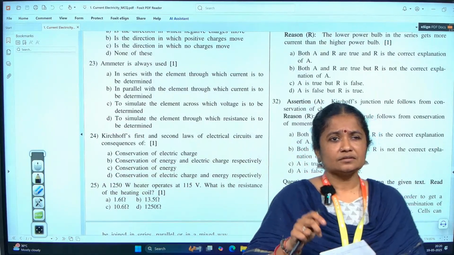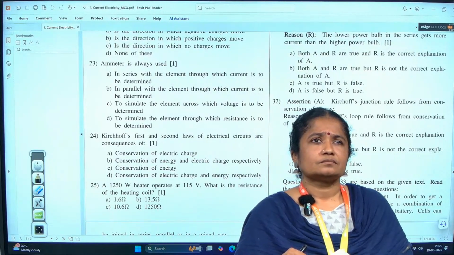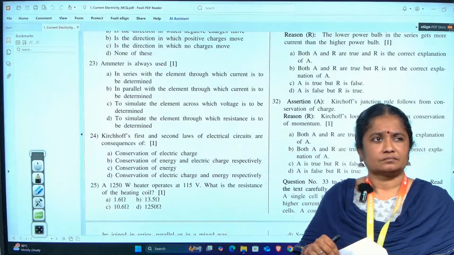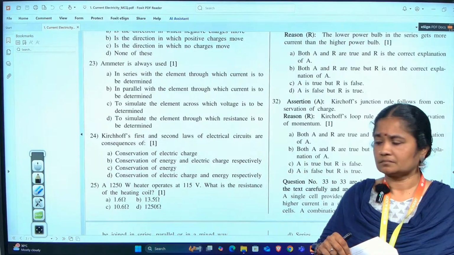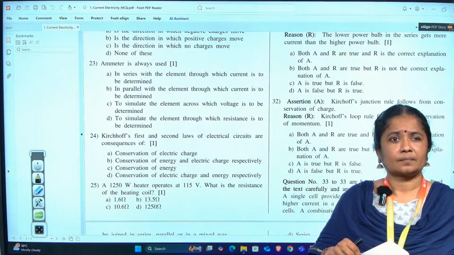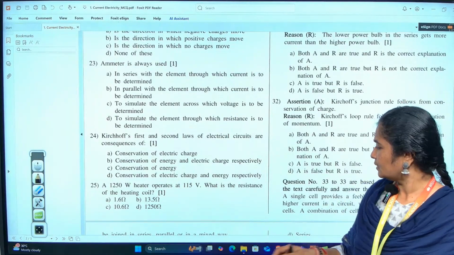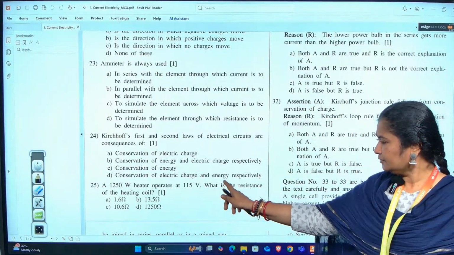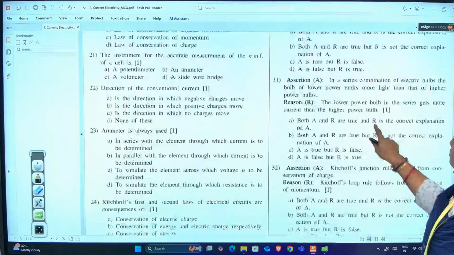Yes, tell me more. Can you please type? So the answer is 10.6. 115 into 115 divided by 1250 comes to 10.6.